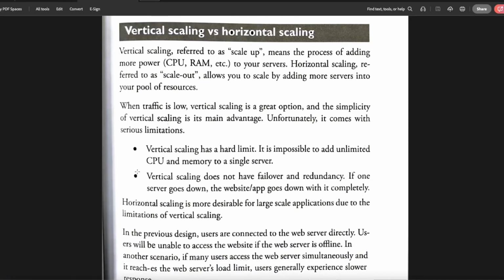The advantages of this is that it is simple to implement and good for low traffic applications. And the limitations of this is that there's a hard limit on how much you can upgrade one server. And also there is no failover because there is only a single server, and when it goes down, the entire system will go down.